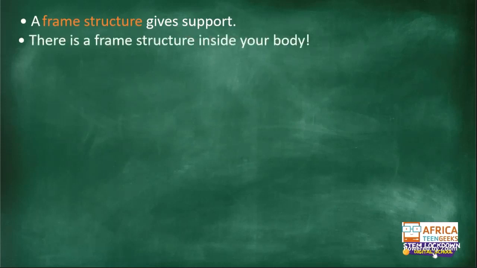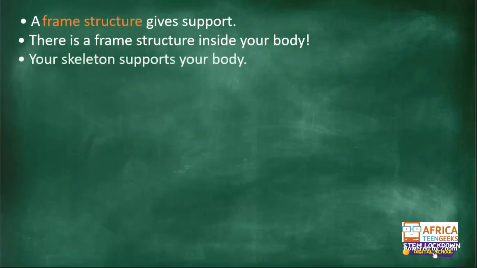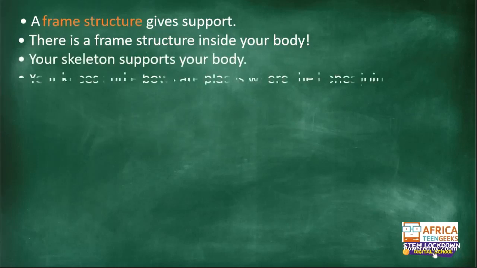Now let's look at a frame structure and what is the difference here? Remember that a frame structure has a different purpose than a shell structure. There's a frame structure inside your body. Your skeleton supports your body. In animals, the skeleton is a frame structure.